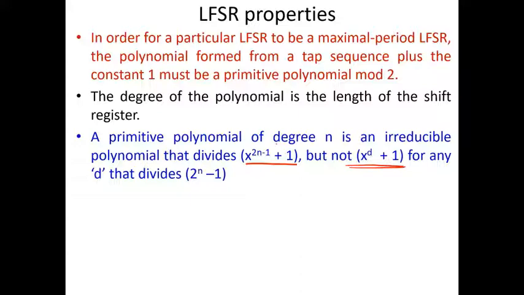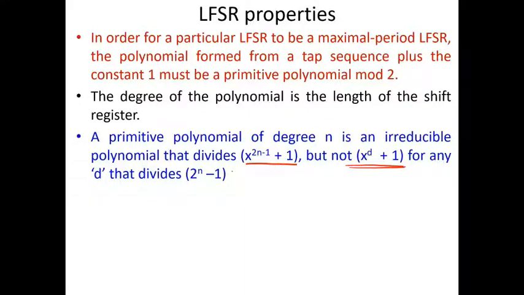All these are a little bit complex technical jargon, but you need not worry much because we are not going to look into the details of how to choose the polynomials. We are already given certain polynomials.